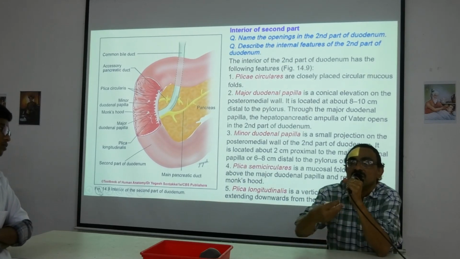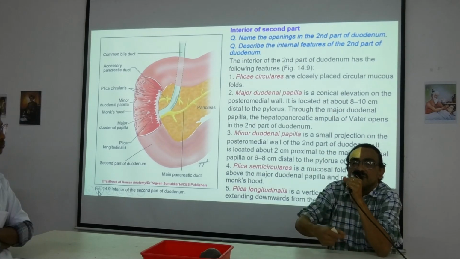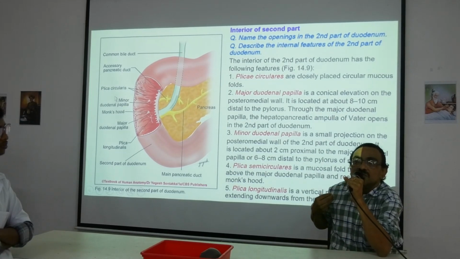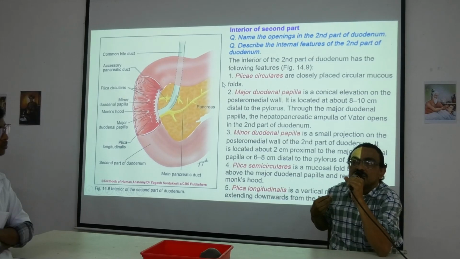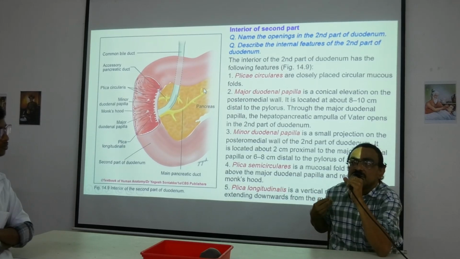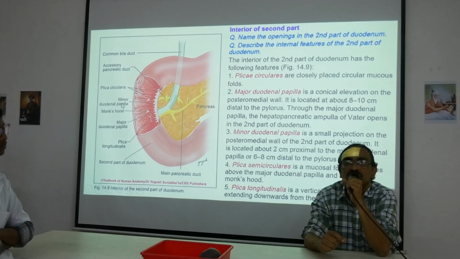One is in front, one is behind. The gut is going down. One is related to the posterior aspect of the duct, that is called the dorsal pancreatic diverticulum. One is in front, the ventral pancreatic diverticulum.